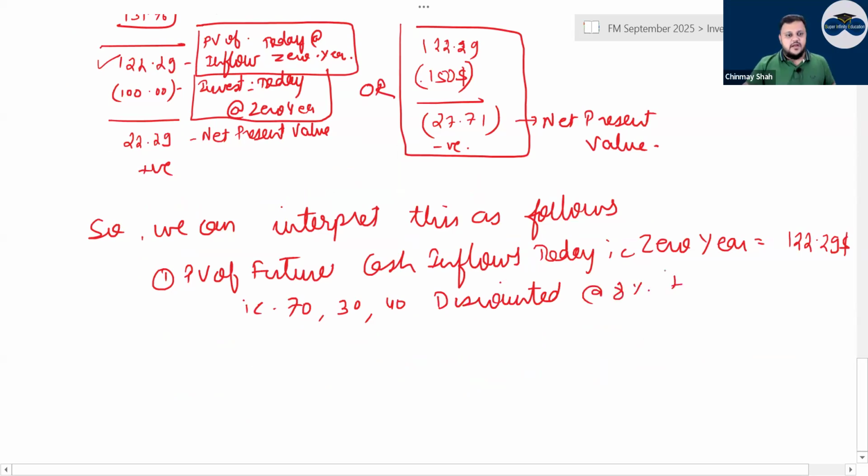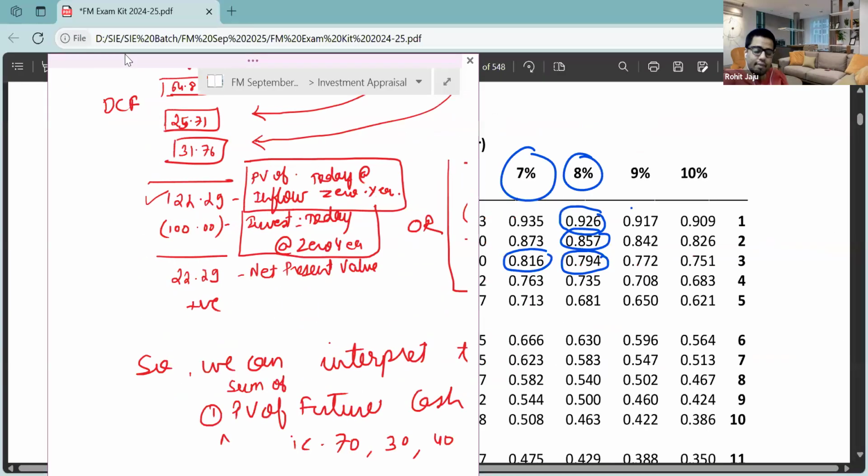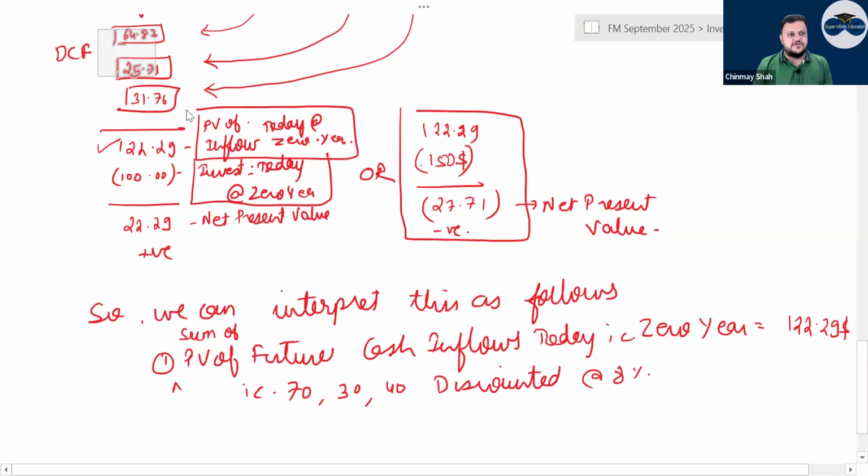And can I say, if I add this word, sum of present value? Are you okay with sum? Did you find the sum of all the present values?